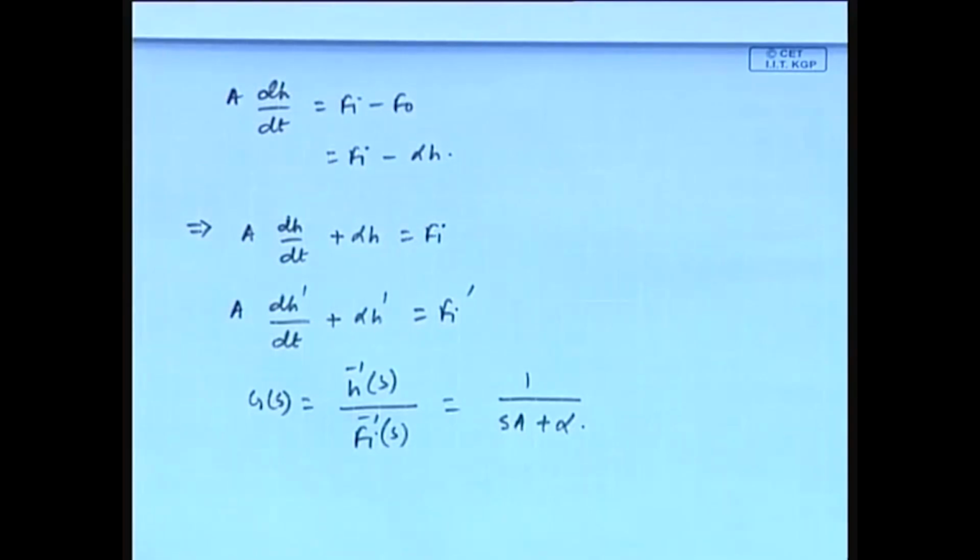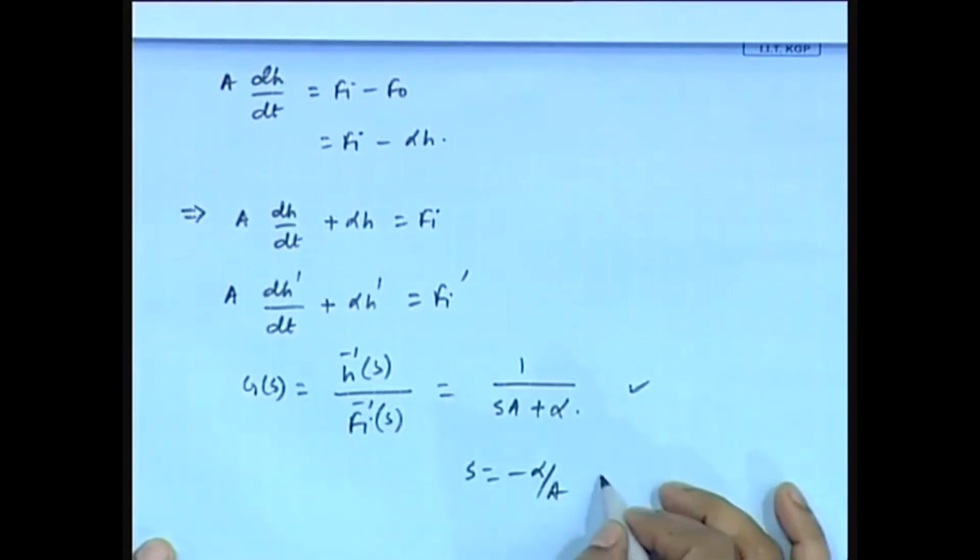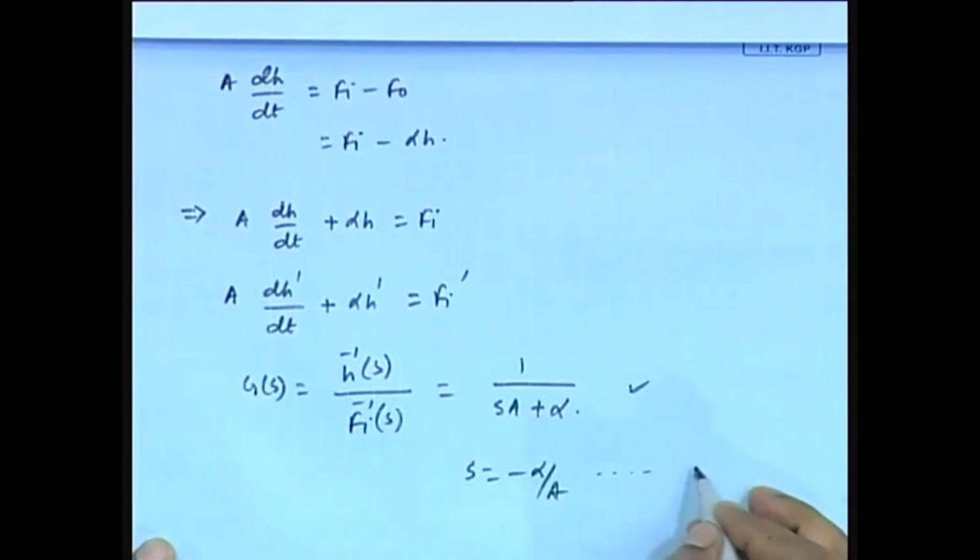Agree or not? Agree. So, what is the pole of this equation? Minus alpha divided by A. So, is the system stable or unstable? The system is stable. Area is always positive, so if we consider alpha positive, then the system is stable. Okay, thank you.